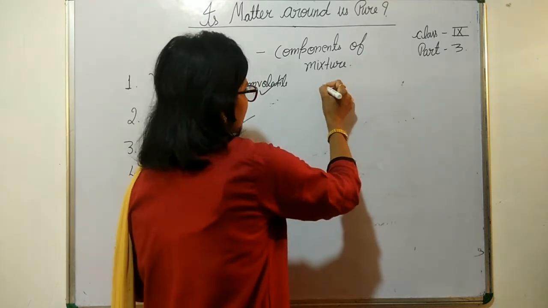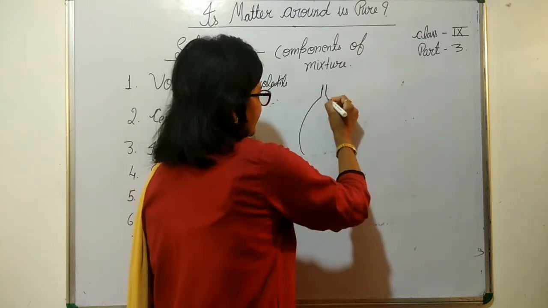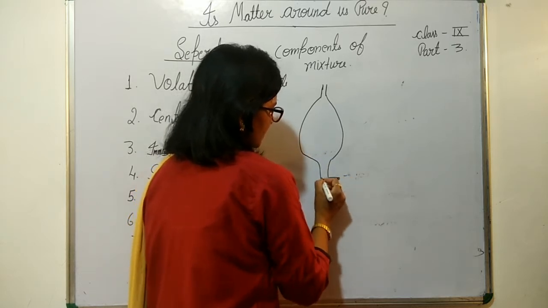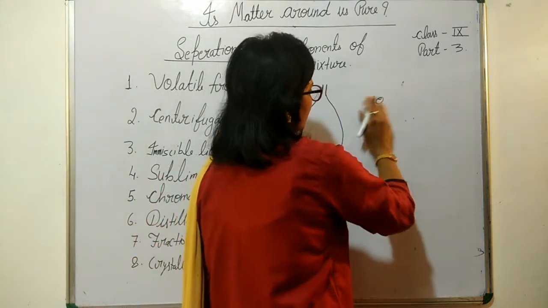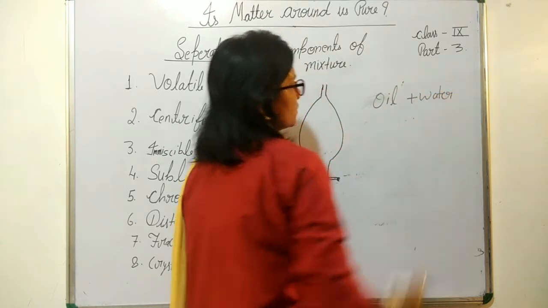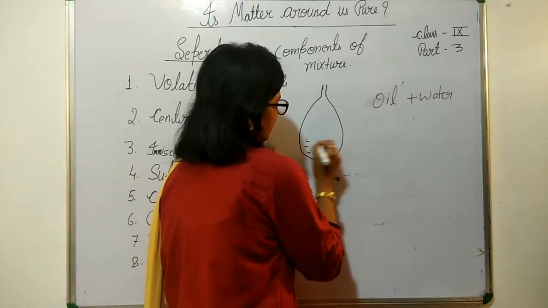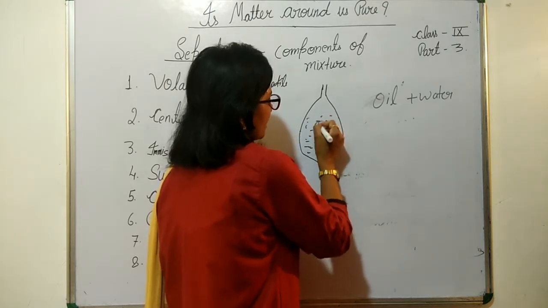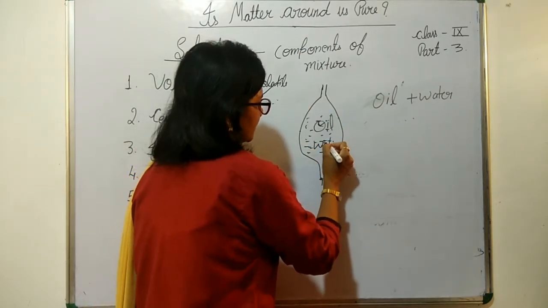There is a particular instrument we use. It is like this, and here there is a knob present. Suppose we are taking oil and water. If we allow it for some time, oil will be at the top and water will be at the bottom.